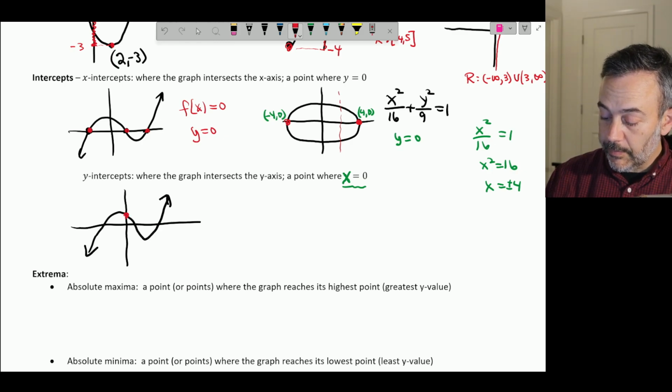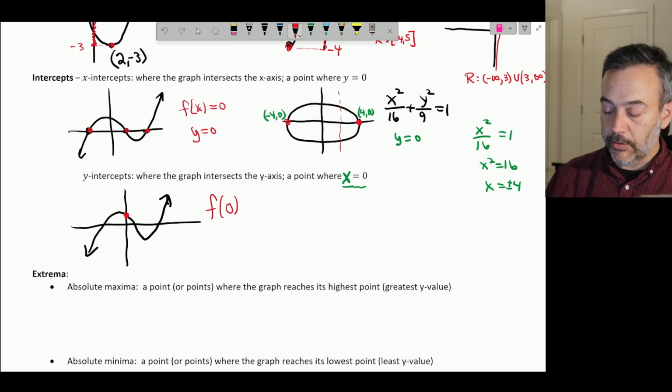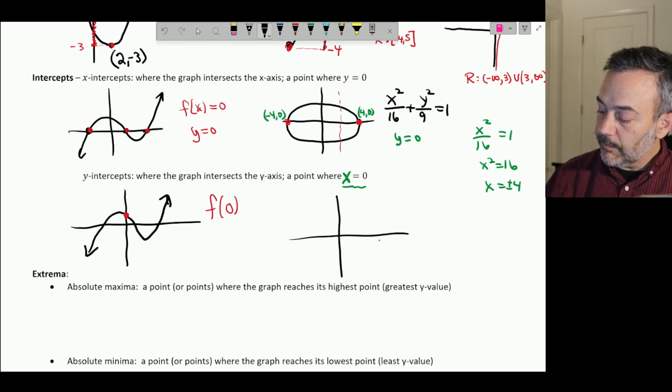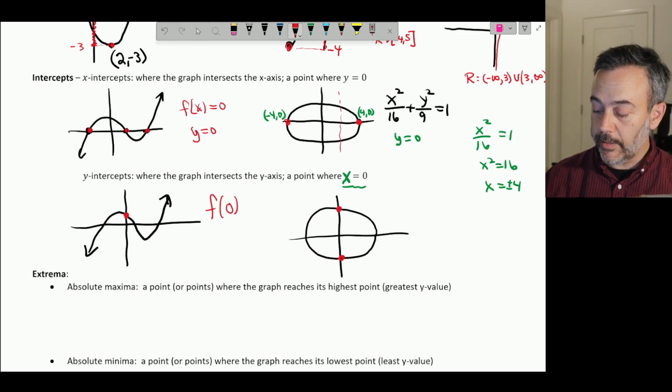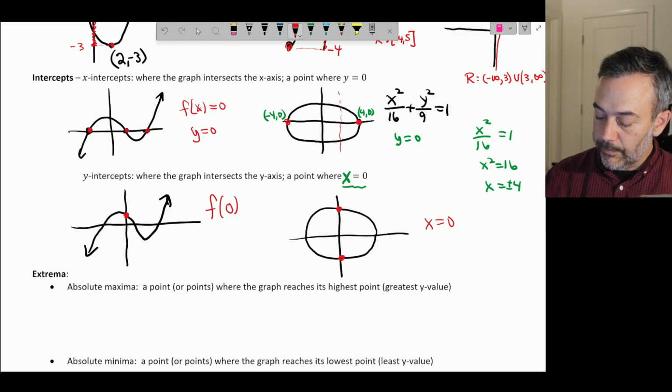And a y-intercept is where a graph crosses the y-axis, like right there. So this is at f of 0 if it's a function. If it's an ellipse, it's not a function, and therefore it could, in certain circumstances, have 2 y-intercepts. And a y-intercept is when x equals 0.